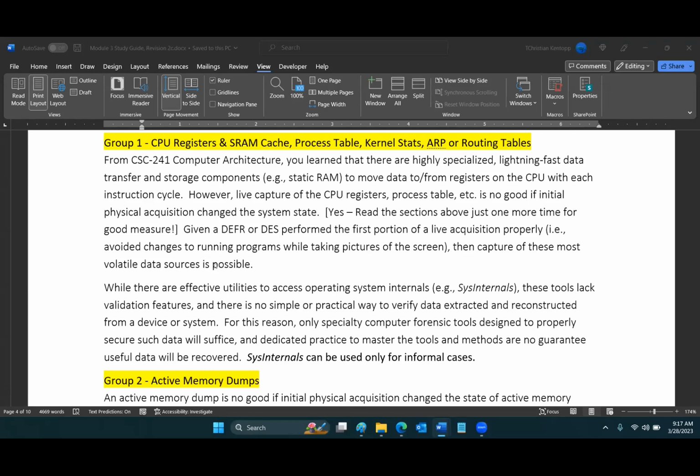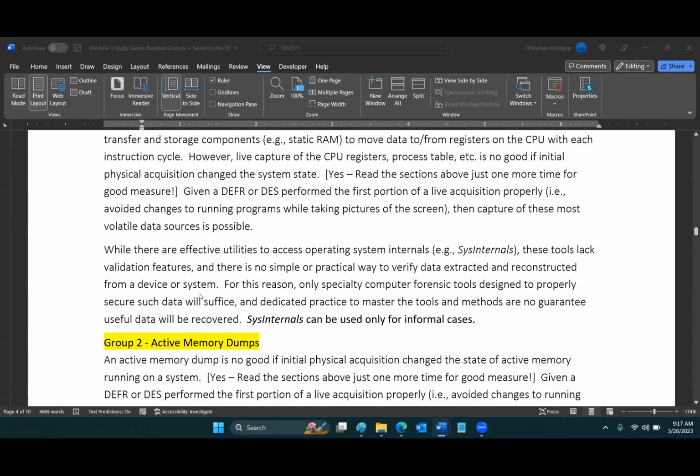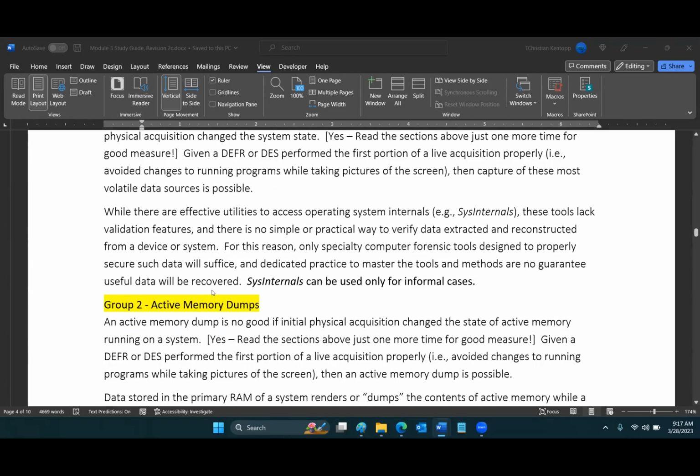The only problem being when you load those tools into an actively running system, when you load that forensic application, it takes up RAM, and it may displace some other data that is currently stored in RAM. So group 1 and group 2 are the most volatile, right?